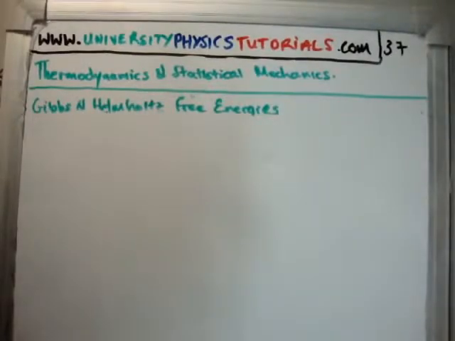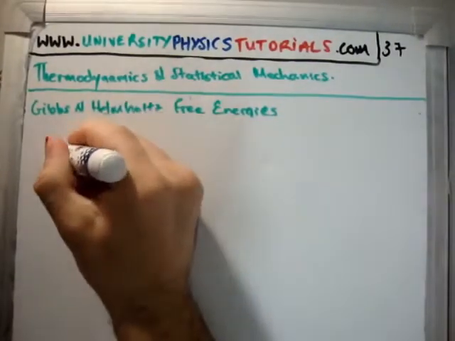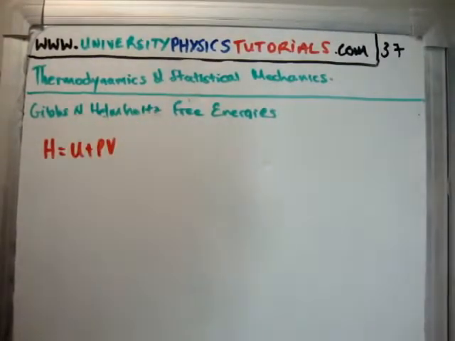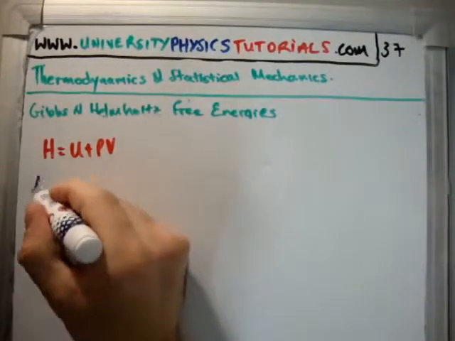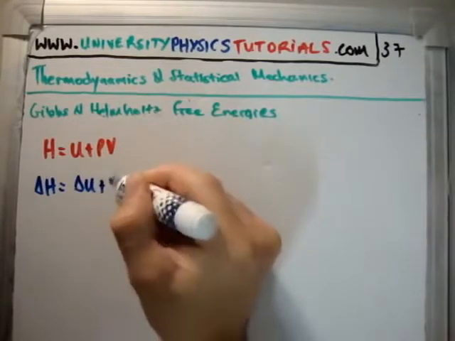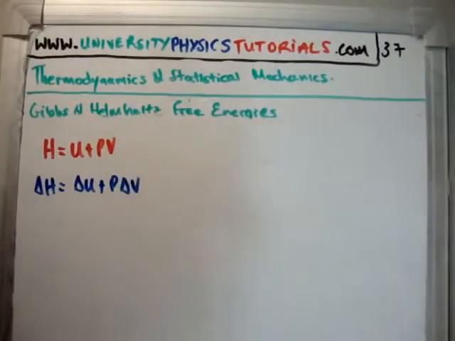So if we look at our enthalpy, H is equal to U plus PV. Well then, it's at constant pressure, okay? So for that reason, delta H, the change in the enthalpy, is going to be delta U plus P delta V, of course, because it's at constant pressure.